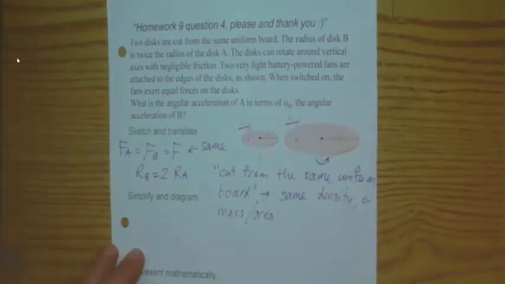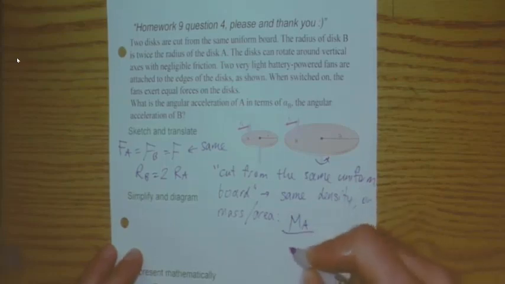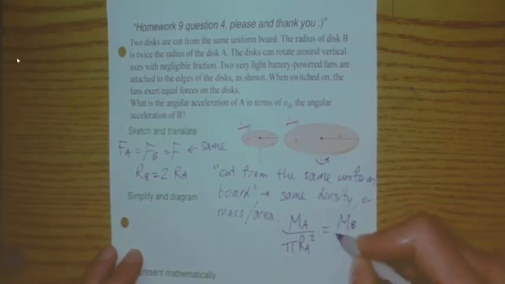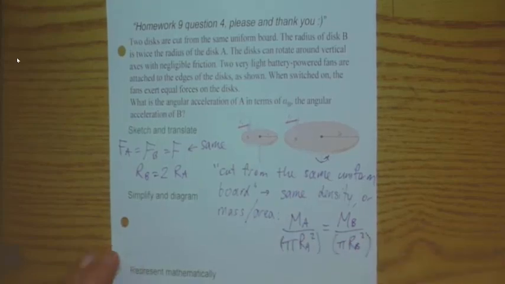So I'm going to express that as an equation: the mass of A divided by pi RA squared, the area of A, should equal the mass of B divided by pi RB squared. They're both circles, so their areas are pi r squared.